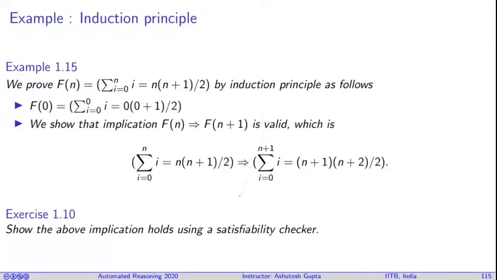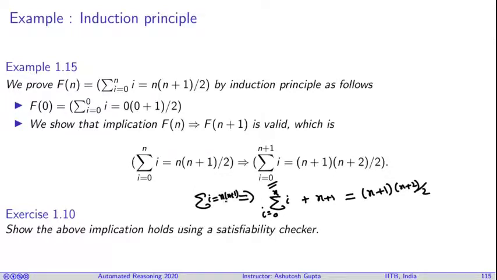See how a satisfiability solver is going to prove its validity. It will break down this summation into two parts. It will say, okay, the sum of i from 0 to n of i, plus n plus 1, equals (n plus 1) times (n plus 2) divided by 2. Now this sum, the sum of i equals n times (n plus 1) divided by 2, is also here.